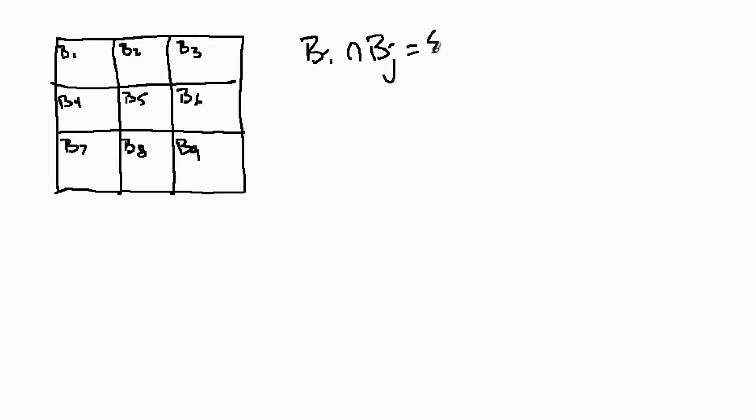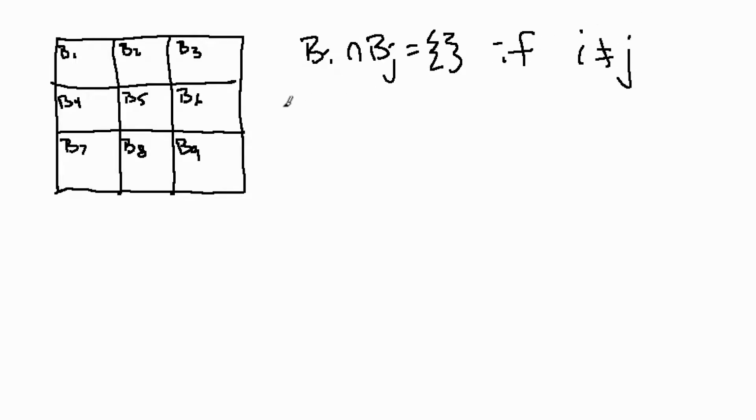And I want to assume that this is B1, and this is B2, and here's B3, B4, B5, B6, B7, B8, and B9. So first of all, I want you to notice the following, that Bi intersection Bj is equal to the empty set if i doesn't equal j.